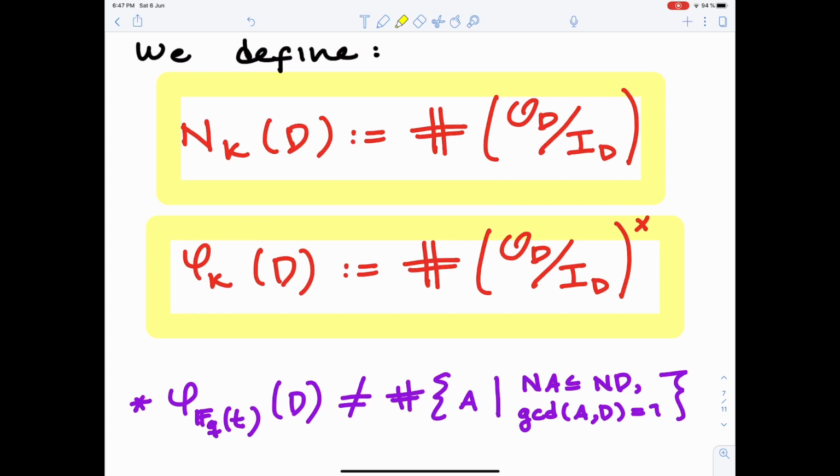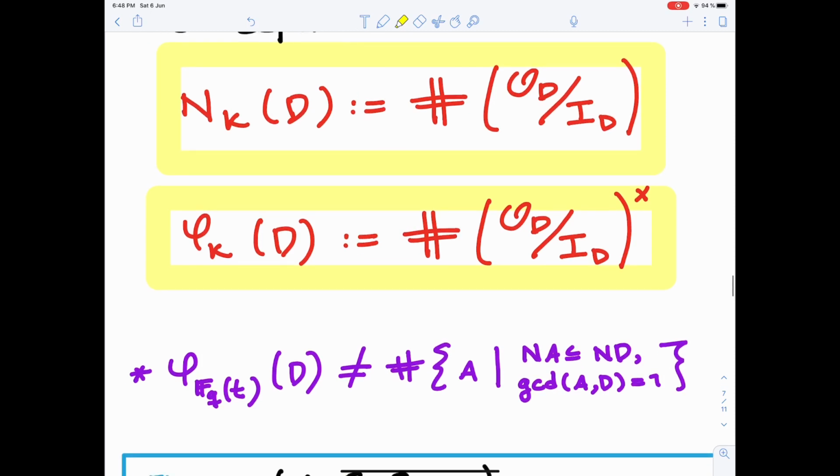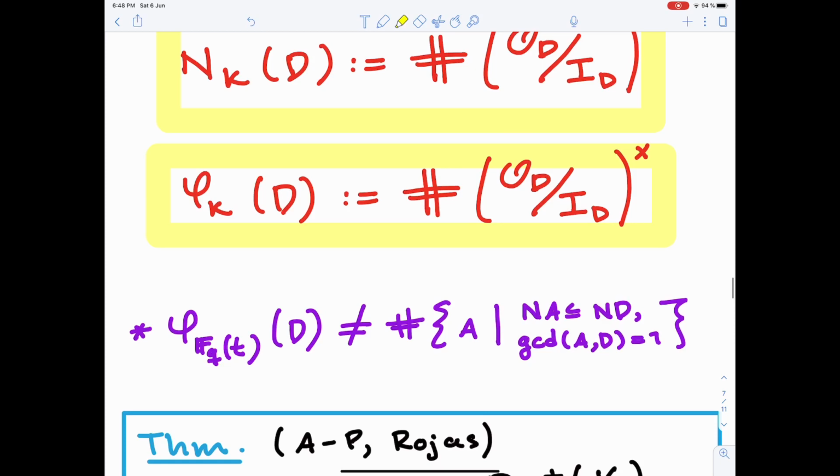An interesting fact is that maybe the first definition, the one that you would probably have guessed, was to count effective divisors with norm less than D which are relatively prime to D. But this doesn't work in the case of P^1, for instance. For number fields, the counting definition works. It coincides with this definition of the Euler function, but in the function field case, it's not true.